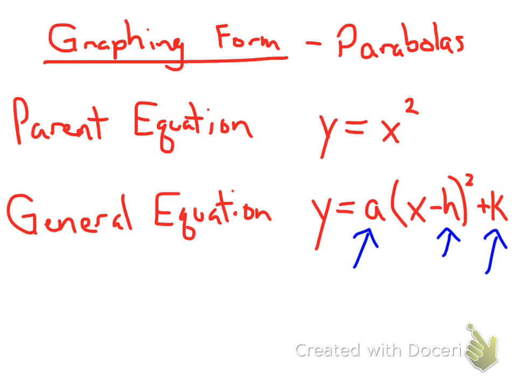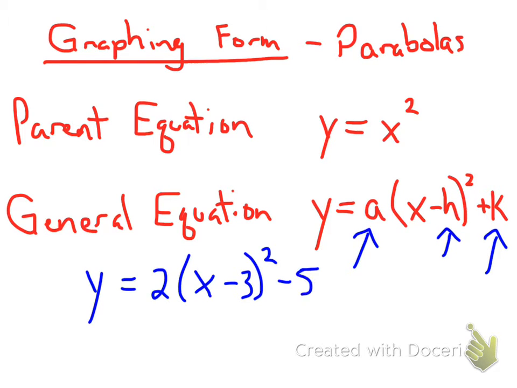So if I look at a basic equation here, y equals 2 times the quantity x minus 3 squared minus 5. In order to find my locator point, or the vertex for this, I want to figure out the value of x that makes this equal to 0. So what I can do is take x minus 3, set that equal to 0, and solve that.